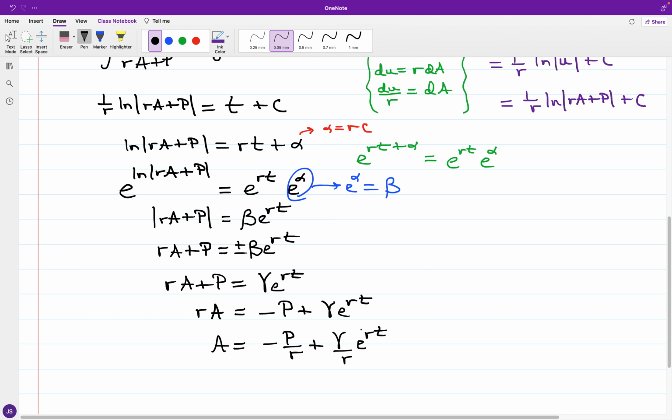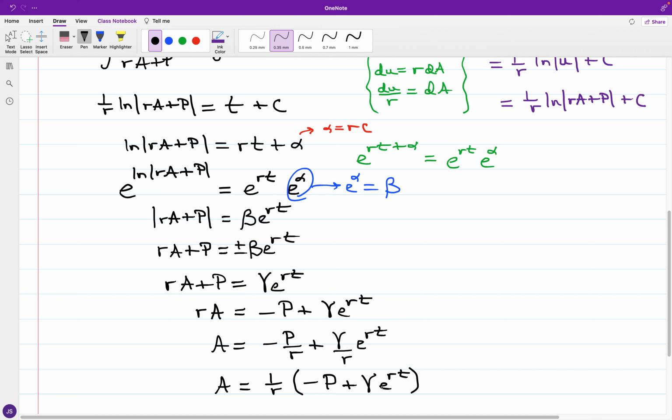Looking at what we have here, this will be our formula. Another way that we could write this is that A is equal to 1 over r times the quantity of negative p plus gamma times e to the rt.